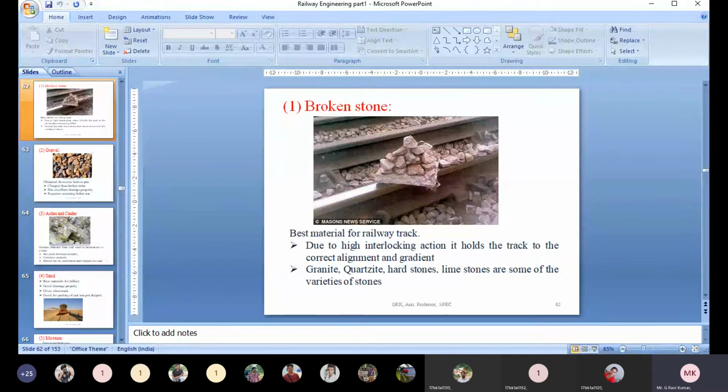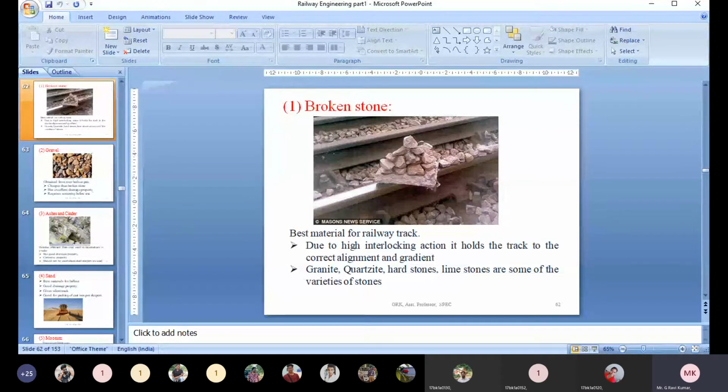Understand? So due to their irregular shape they can better provide interlocking action. It means they can hold other broken stones themselves, due to compaction.